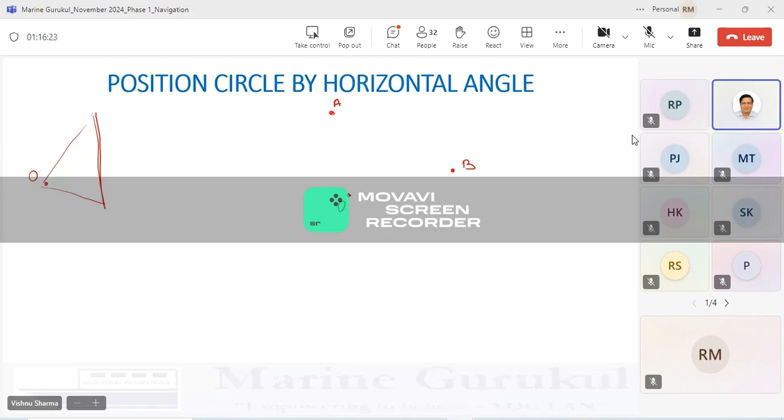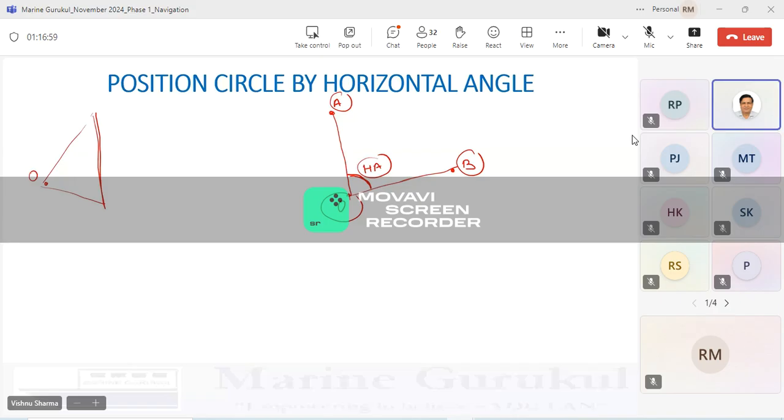Now, if you join observer to A and observer to B, this is the angle that will be subtended here. Here the observer, A and B are in the same horizontal plane, not in a vertical plane. If they are in the same horizontal plane, then this angle is called the horizontal angle. So is the horizontal angle clear first, beta? Clear, guys?